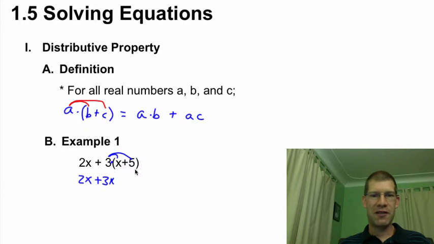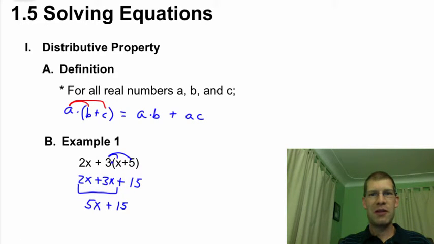And then we have a positive 3 times a positive 5 for a plus 15. And then last step is to simplify: this 2x and 3x, those are like terms. So if we have two of them, we add 3 more to it, we get 5x. And then we still have the plus 15. So that's the first example, pretty straightforward with that one.